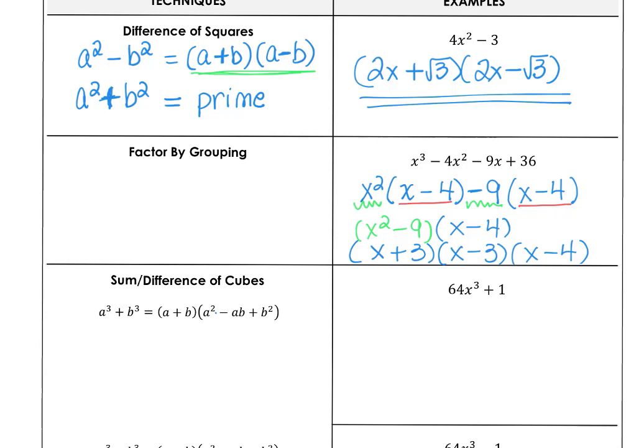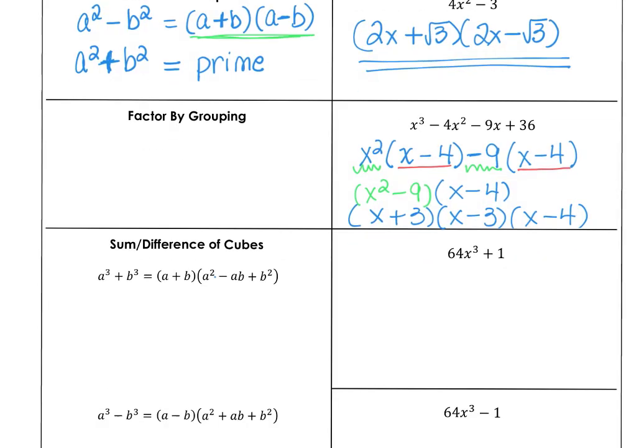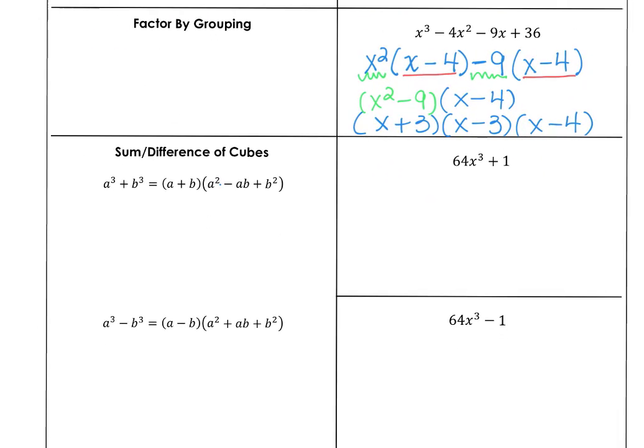And here comes our sum and differences of cubes again, just for your practice. These are a little bit more difficult, so we can identify our A term is the cube root of 64x cubed, and our B term is the cube root of 1, because these are two perfect cubes. So our A term is 4x, and our B term is 1.